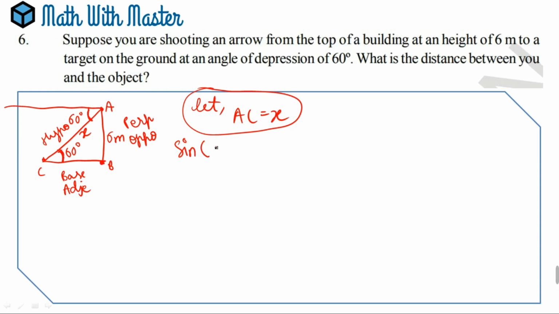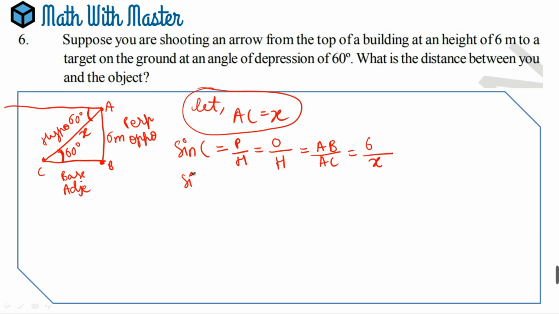So sine C is equal to perpendicular upon hypotenuse, which is also equal to opposite upon hypotenuse, which is equal to AB upon AC. So what is the value of AB? It is 6 meters. What is the value of AC? We have just let it be x.